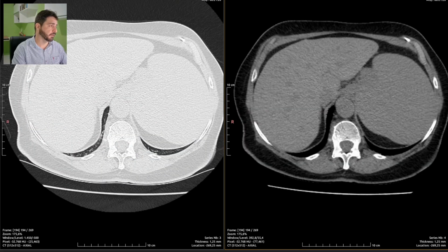So let's summarize the report so the referring doctor can read just a tiny bit of the report and be happy about it. Emphysema.